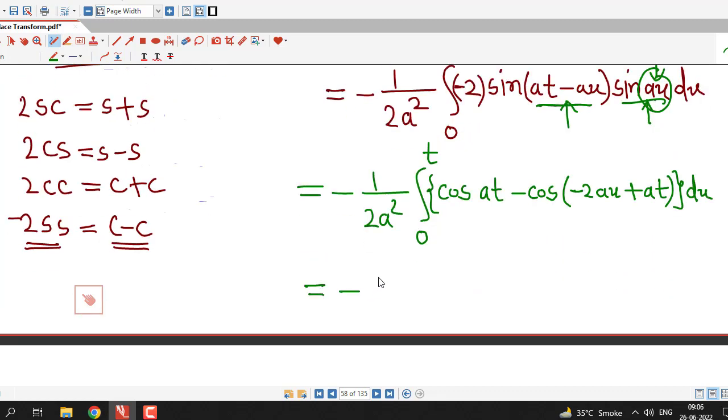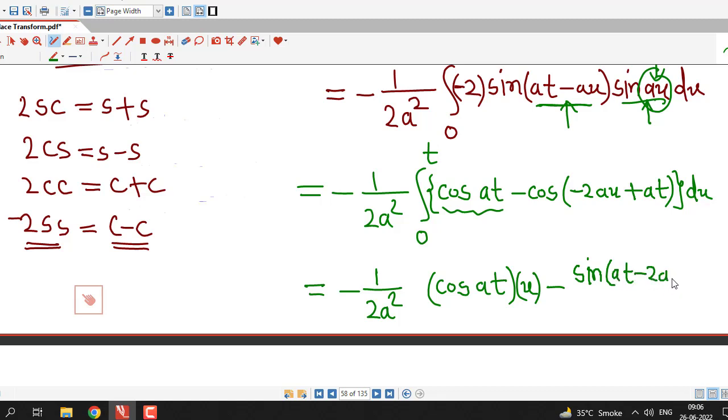As in the earlier case, here also cos at is constant, and integral of du is u, minus integral of cos is sine function. So here we rewrite this as sine of at minus 2au, and we have to divide by the coefficient of u, which is minus 2a, and limits of integral are from u equal to 0 to u equal to t.